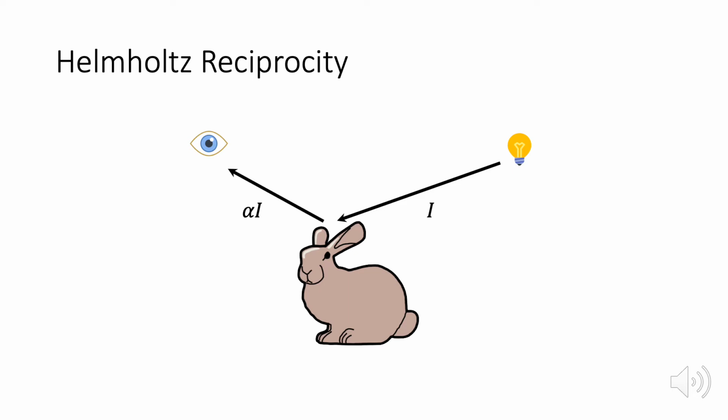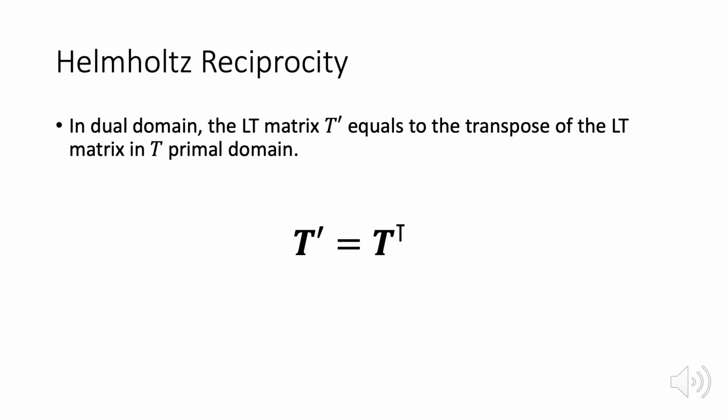The irradiance to the eye will again be equal to alpha I. This is exactly what Helmholtz reciprocity tells us. Combining Helmholtz reciprocity with the light transport matrix, we draw a really important conclusion. The light transport matrix T prime for the dual domain equals the transpose of the light transport matrix for the primal domain. Here, I won't show you a complete proof, but here's an intuitive proof for you.